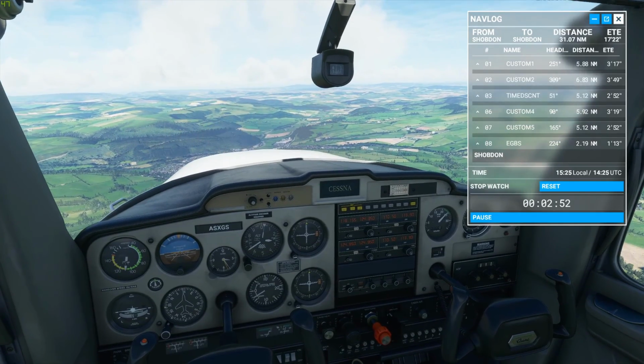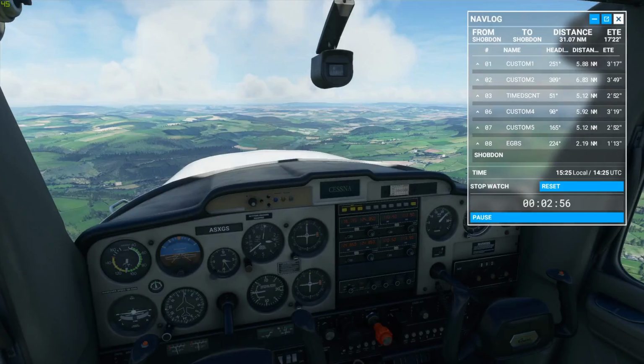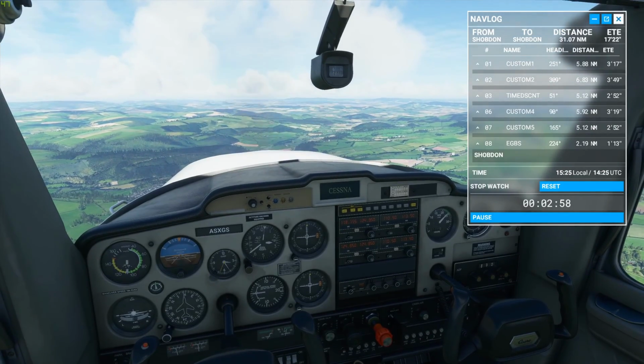Here we are at 2 minutes 52, not quite overhead Knighton, but it's clearly straight ahead. We'll continue until we're overhead Knighton, then we'll make our right turn to 090.